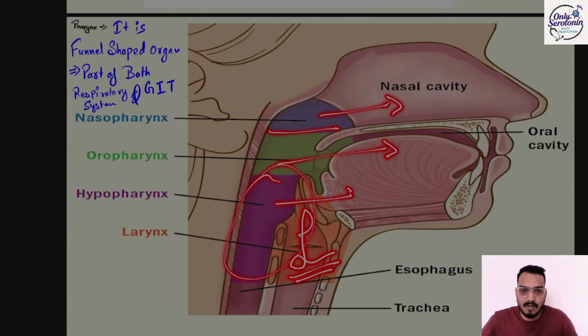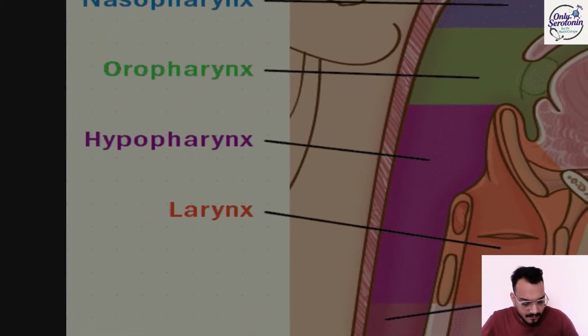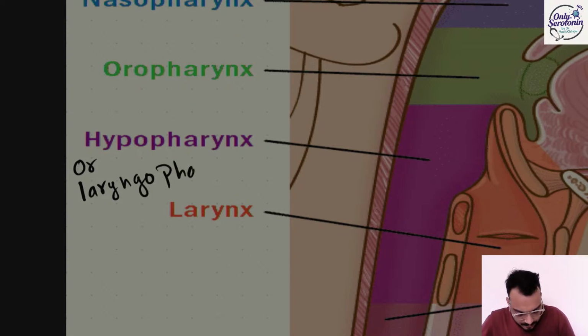That's why we call it laryngopharynx. As you know, this is the last part of the pharynx, that's why we also call it hypopharynx. You can write it as hypopharynx or laryngopharynx, right?